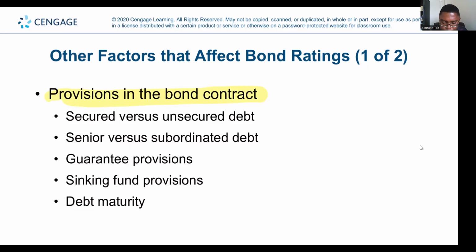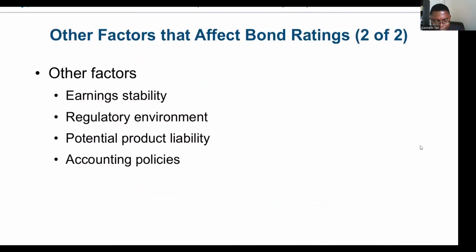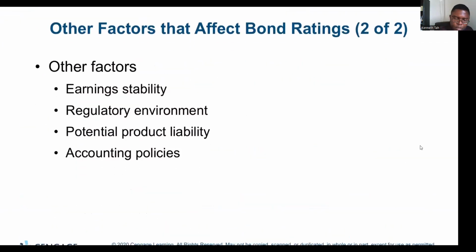So these are different provisions in the bond contract: guarantee provision, sinking fund provision, debt maturity provision. All of that will affect the bond rating, and there are other factors as well, which include earnings stability, regulatory environment, potential product liability, and accounting policy.